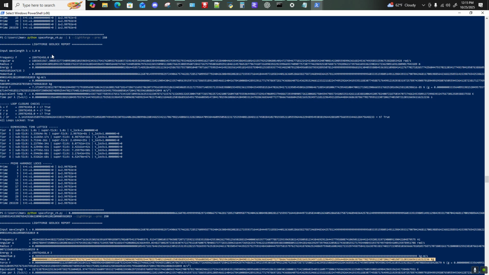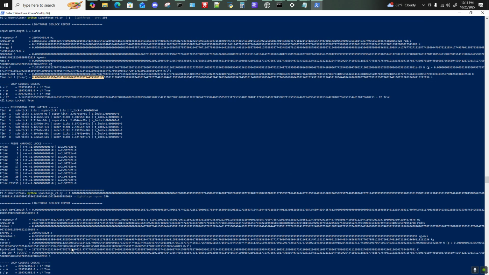So at 1 meter, you have a momentum of Planck's constant, and you have a mass, see, of this number right here. When you take momentum and swap it with wavelength, then the time period for Planck's constant turns into mass.